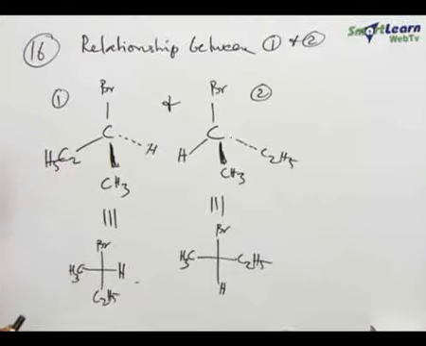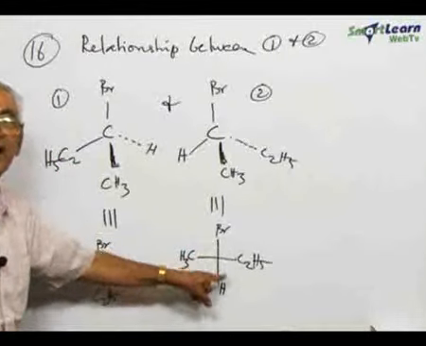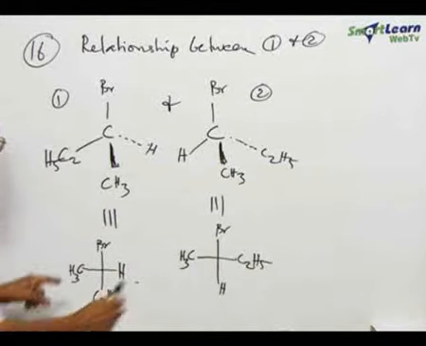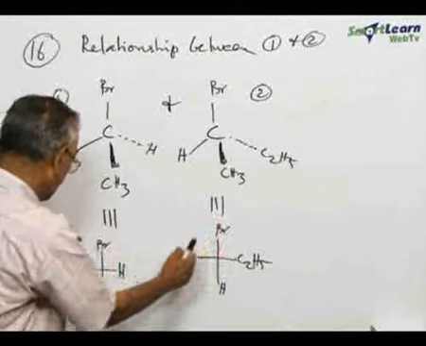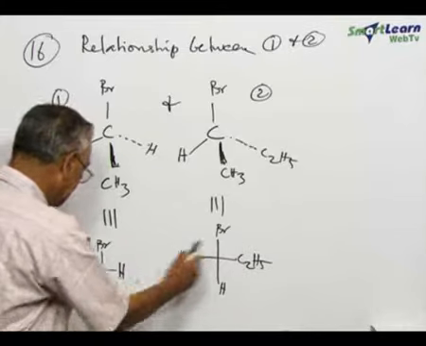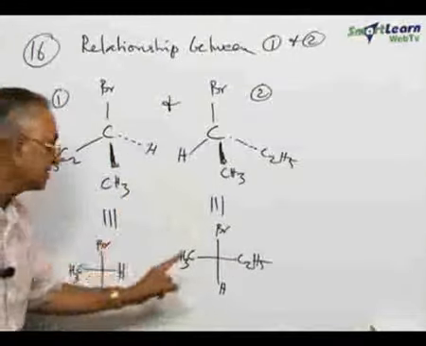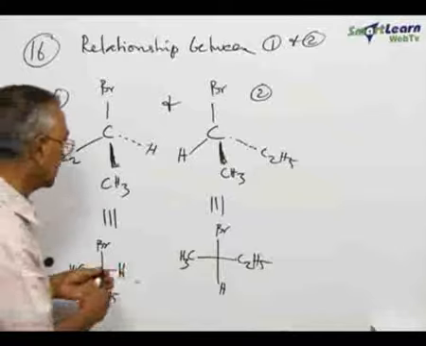Apply the same rule. Keep one structure constant and try to make the second structure identical with the first. Now, Br matches exactly with Br, CH3 also matches exactly with CH3, but when you bring the C2H5 here and H over here, that is by means of one interchange, the two compounds become identical.